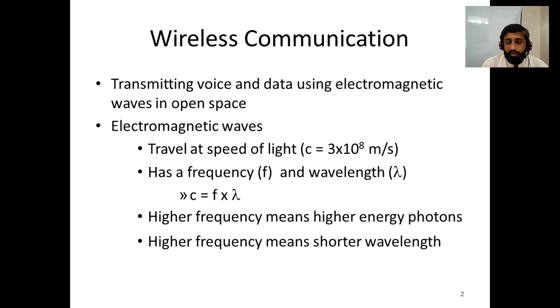In wireless communication we intend to transmit our voice and data using electromagnetic waves that are transmitted in open space. So that means we need antennas at both ends, at the transmitter and at the receiver end.